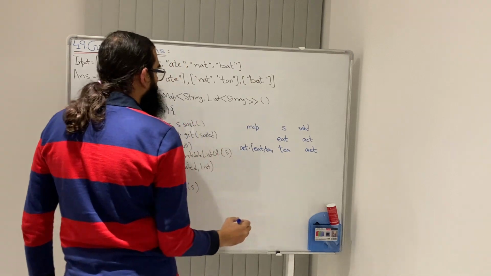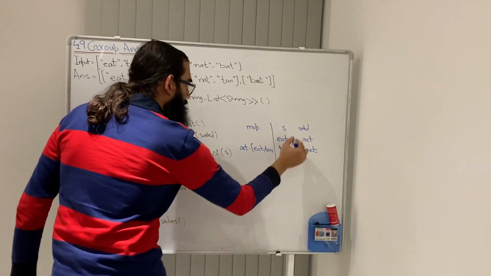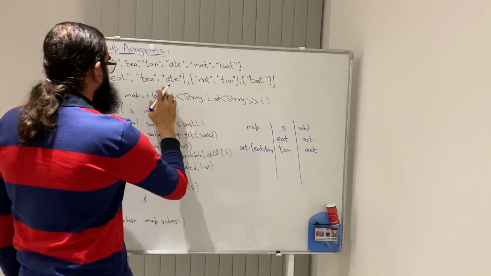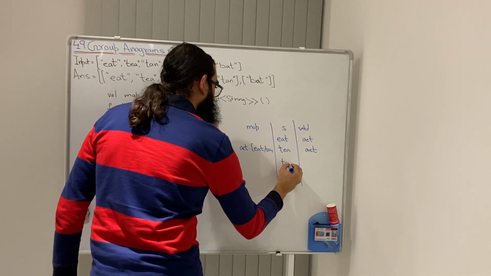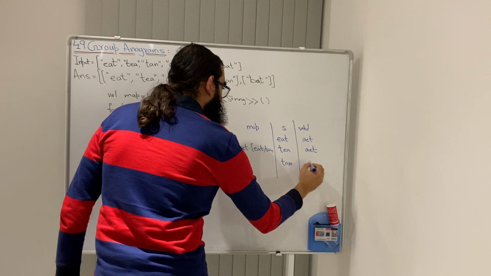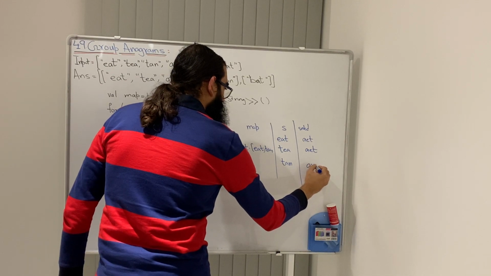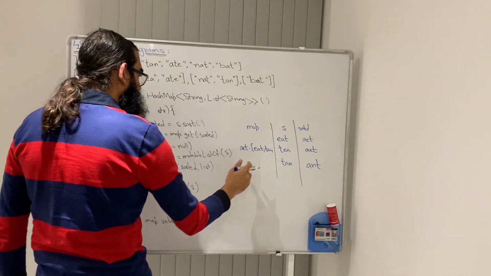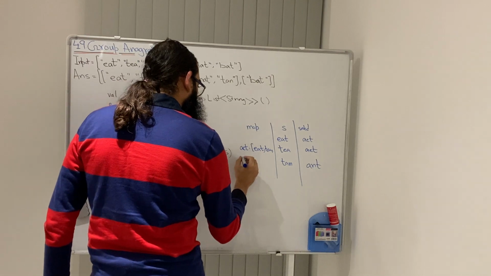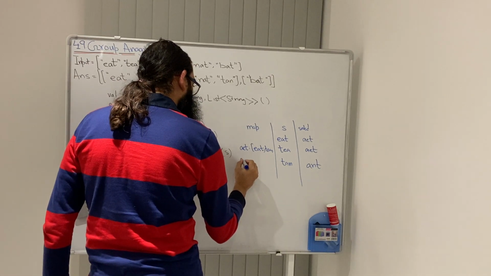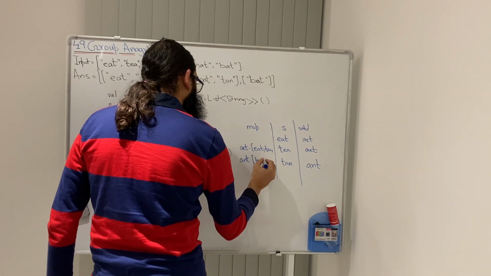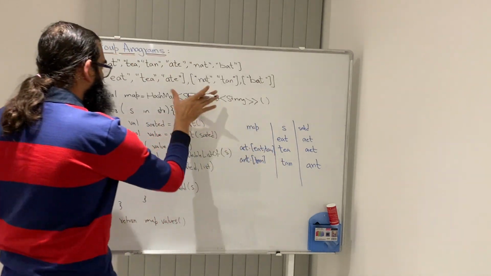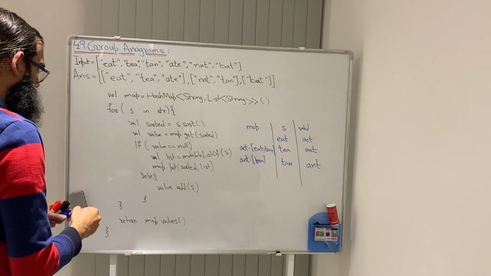Okay, then what's next? Tan. T-A-N, so ANT. There is no ANT, so in this case we will have a new key which is ANT, and it will save tan. So in the end, we will have this list, and we will return this.